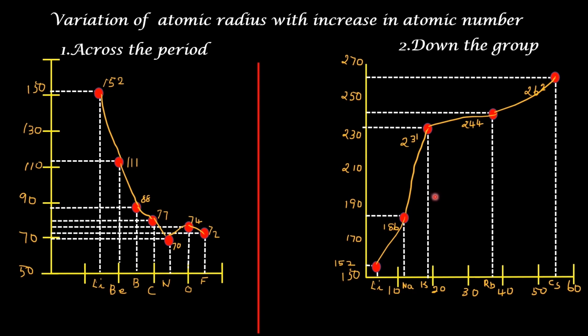Now we will proceed to understand the reason for the anomalous behavior of certain elements belonging to period 2 with reference to atomic radius, and also the reason for the steady increase in the atomic radius down the group.